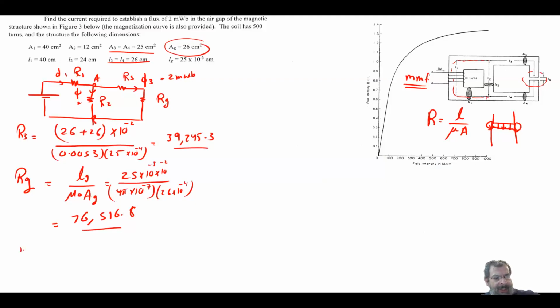So you call this MMF3, which is equal to phi 3 times R3 plus RG. So we have everything here.